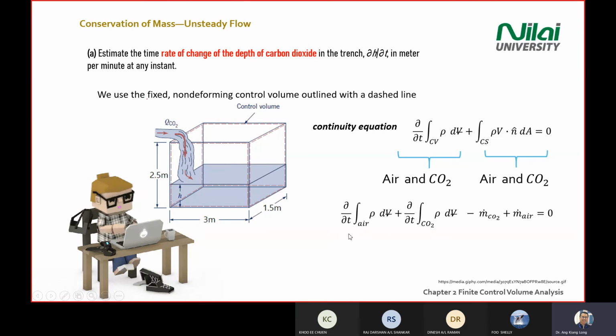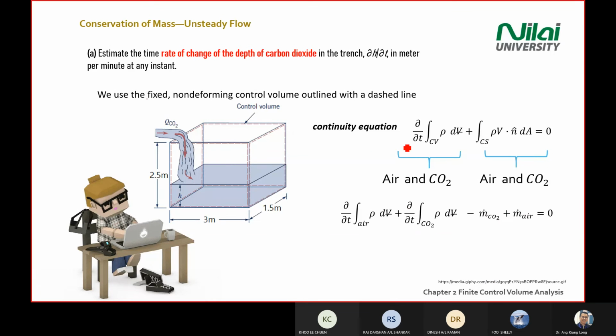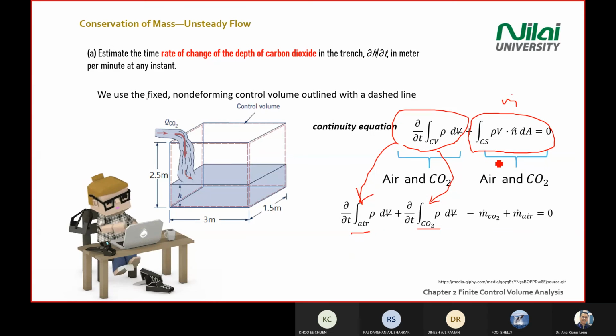What you can write here is that you expand the equation above into two terms, one for air and one for CO2. Then you expand the control surface term, the m dot, into two components also: one for CO2, one for air. Why is CO2 negative and air positive?